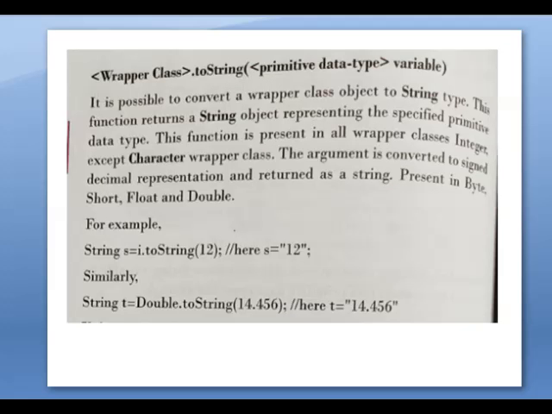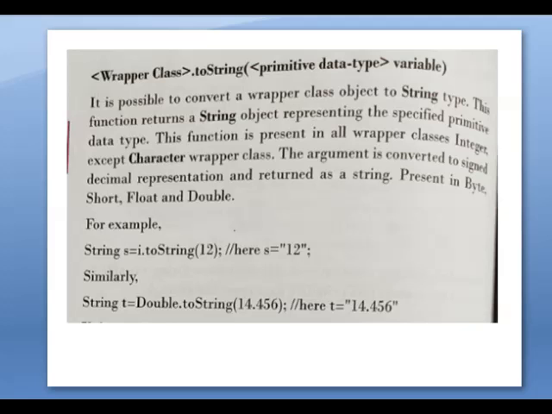The first one is toString. It means we are going to convert, whether it is a character or a number or whatever it may be, into a string. For example, wrapper class dot toString of a primitive data type variable.